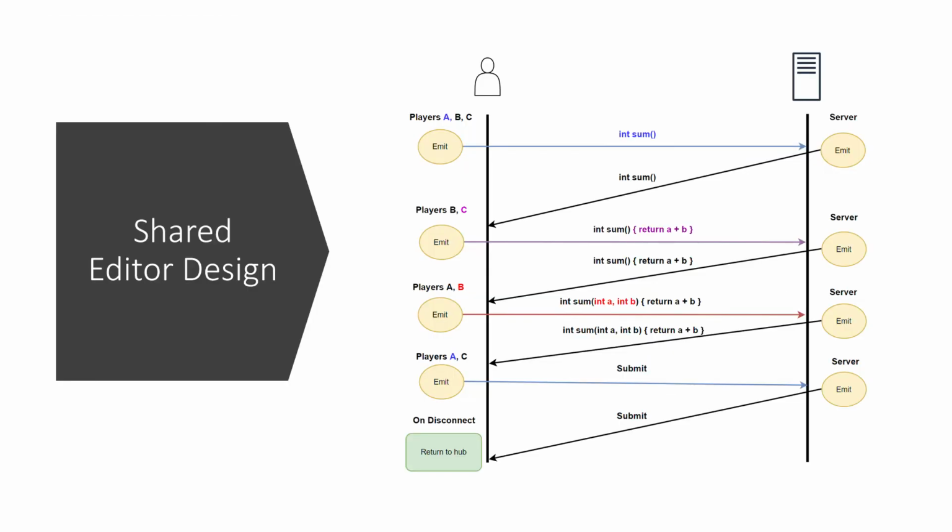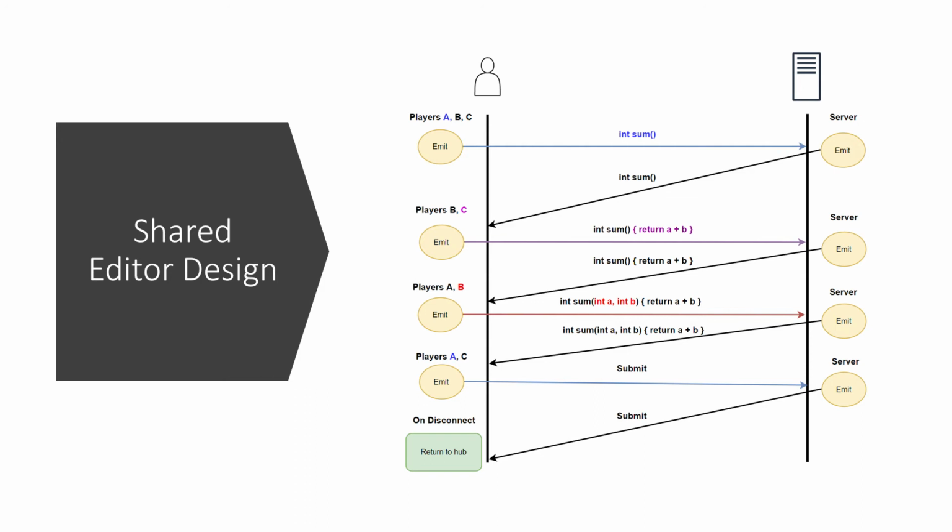So I want to talk about the shared editor for a moment. This is the design of how the communications work when multiple people are playing the game. On the left we have the players, with 3 players, A, B, and C. When the game starts, let's say the players are asked to write a function to get the sum of 2 numbers.